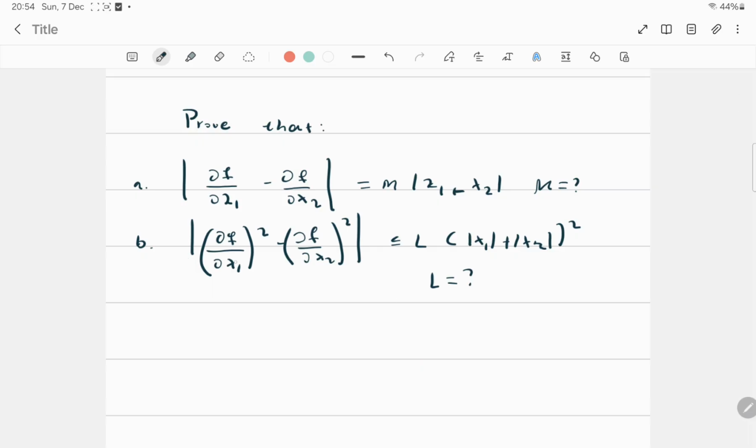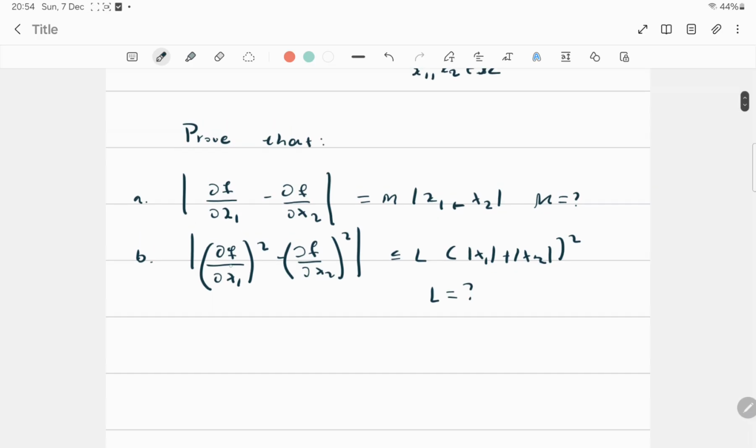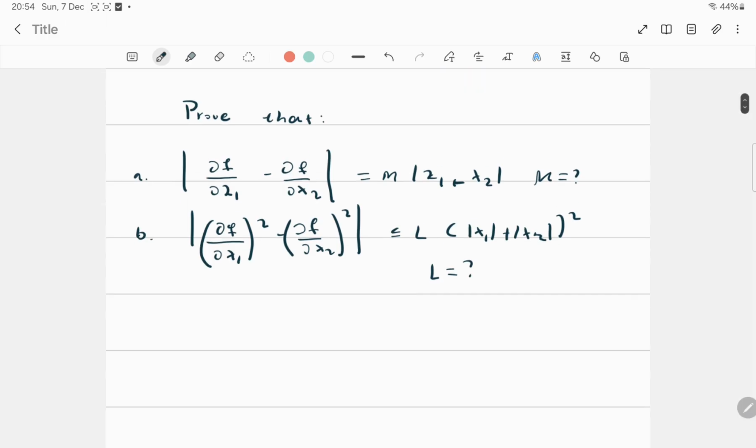And question number B: the first derivative with respect to the first coordinate x1 raised to the power of 2 minus the partial derivative with respect to the coordinate x2 raised to the power of 2 is bounded by a constant times the absolute value of x1 plus the absolute value of x2, raised to the power of 2.